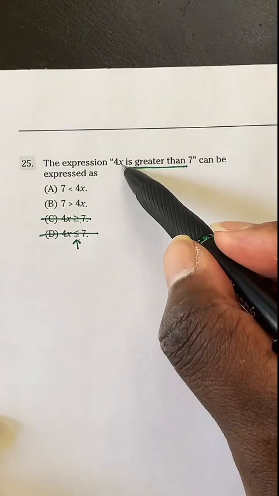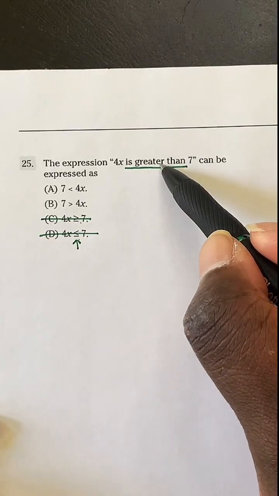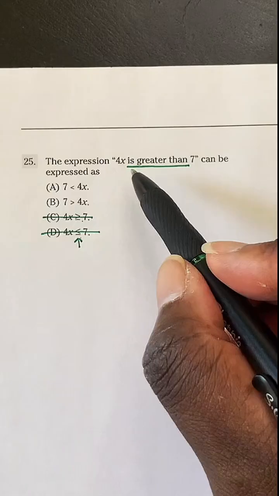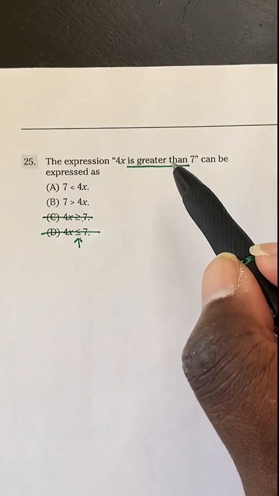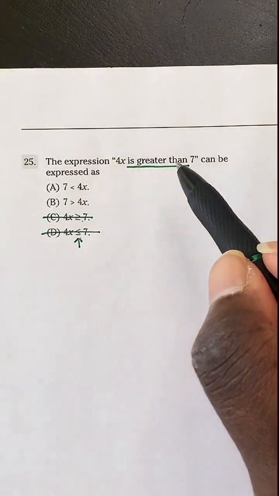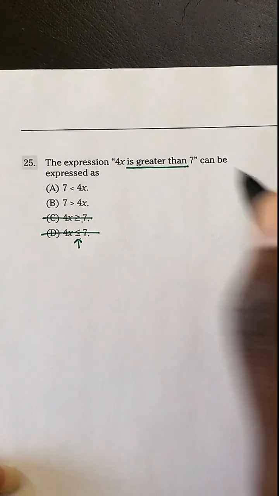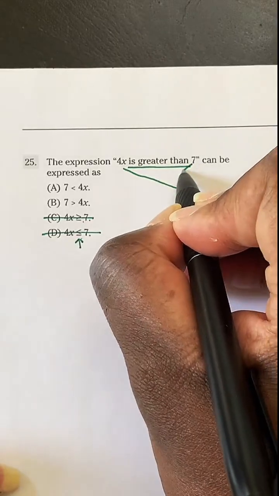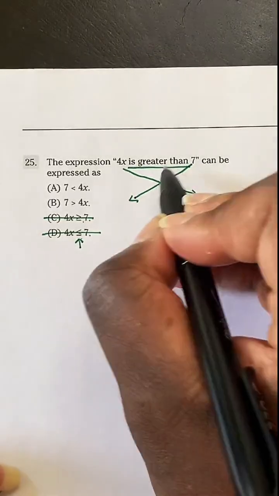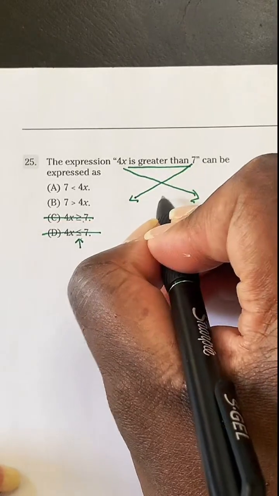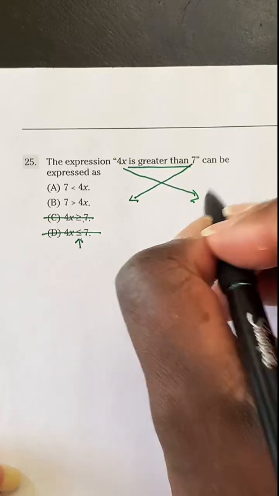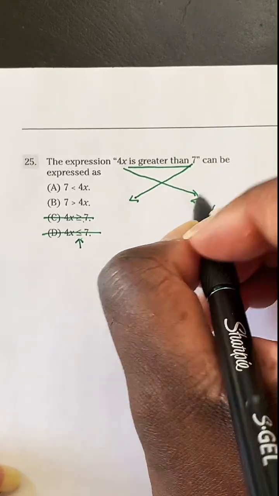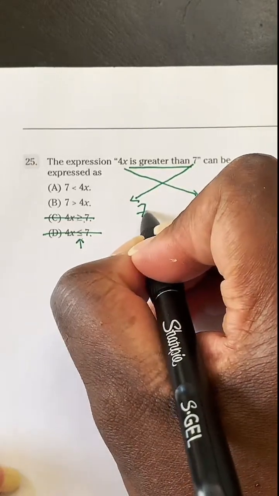So now, taking a look, we're saying 4x is greater than 7. So anytime they're saying something is more than something, we have to flip. That means the 4x is going to come here. The 7 is going to come here. And we're going to write our symbol. So we're saying that 4x is going to be greater than 7.